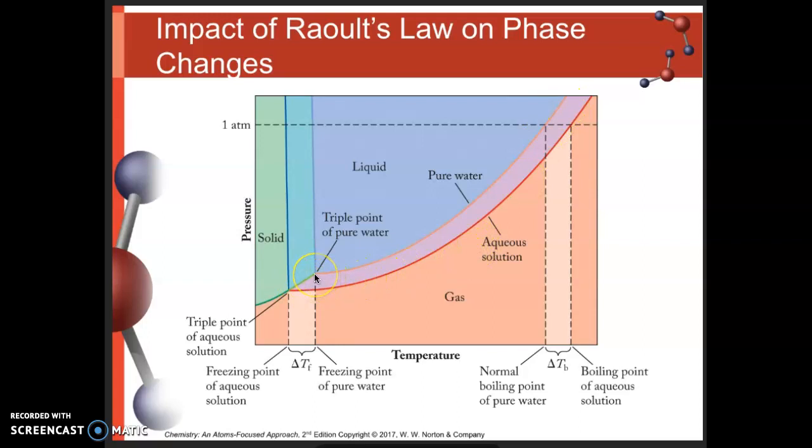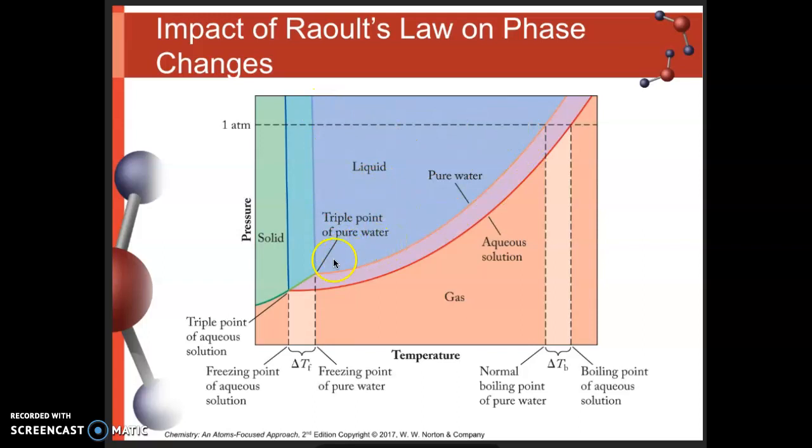Here's the triple point for pure water. And what we can see is that because of Raoult's law, because of the vapor pressure lowering, there is a gap: the boiling point, the overall liquid phase, is significantly larger for the solution than it was for the pure water.